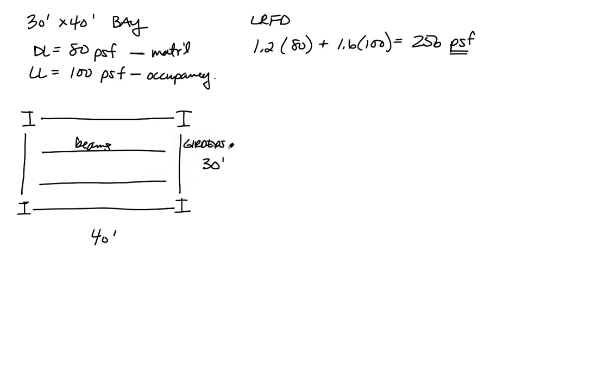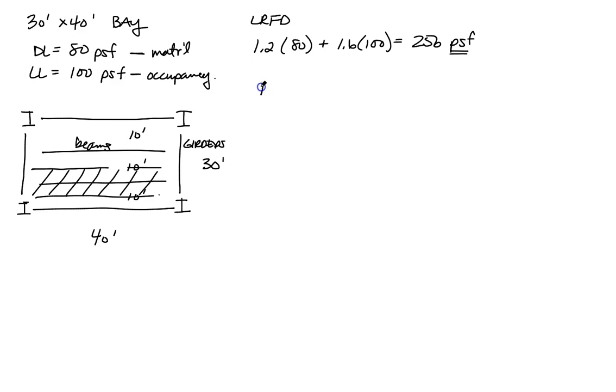So the largest loads end up on the beams, and these are going to be at 30 feet chopped up to 10 feet intervals. So when we look at the tributary width to a beam, it's going to be 10 feet tributary to those beams on the inside of the frame.